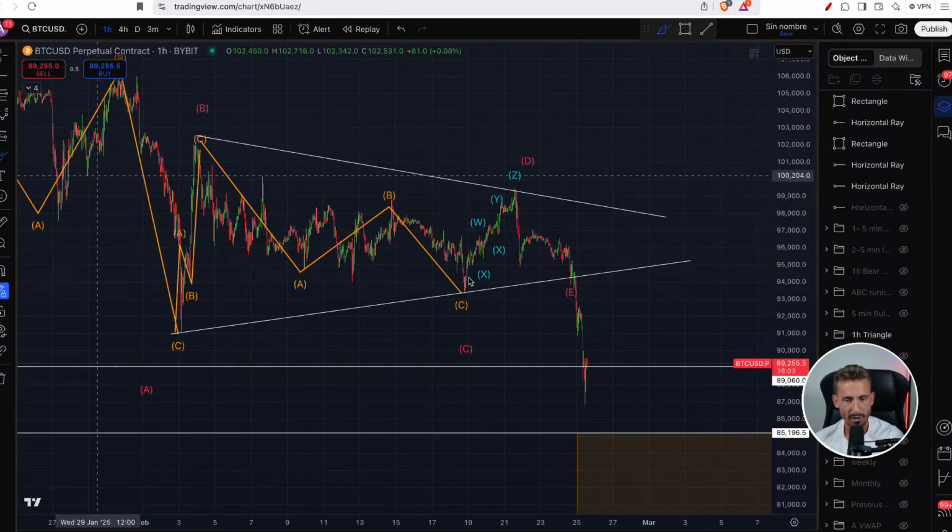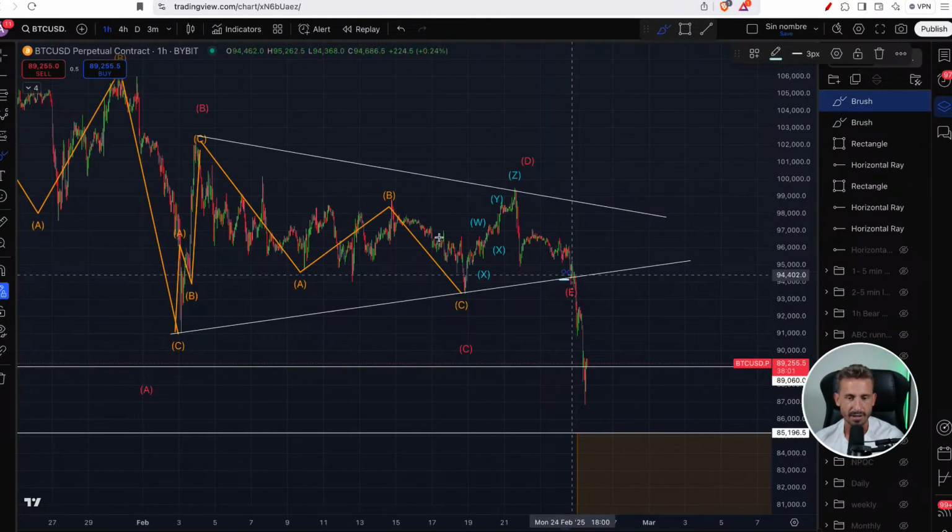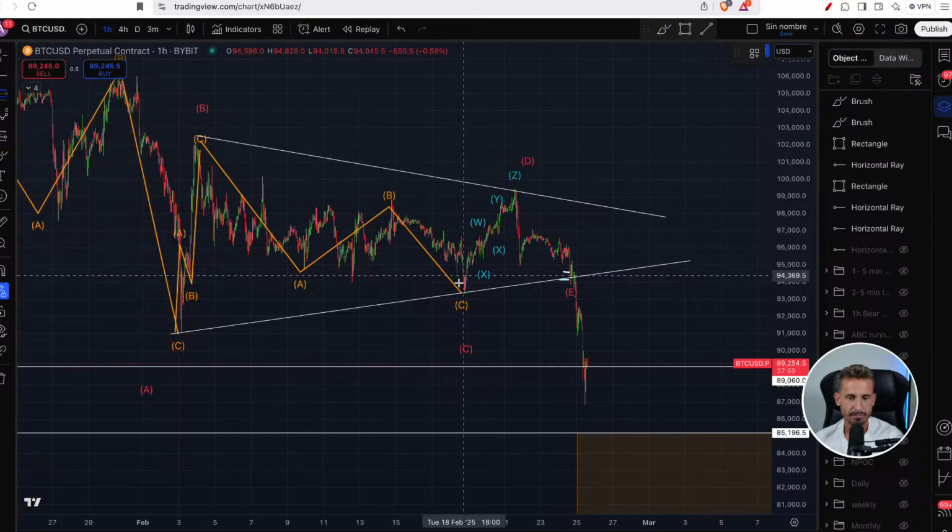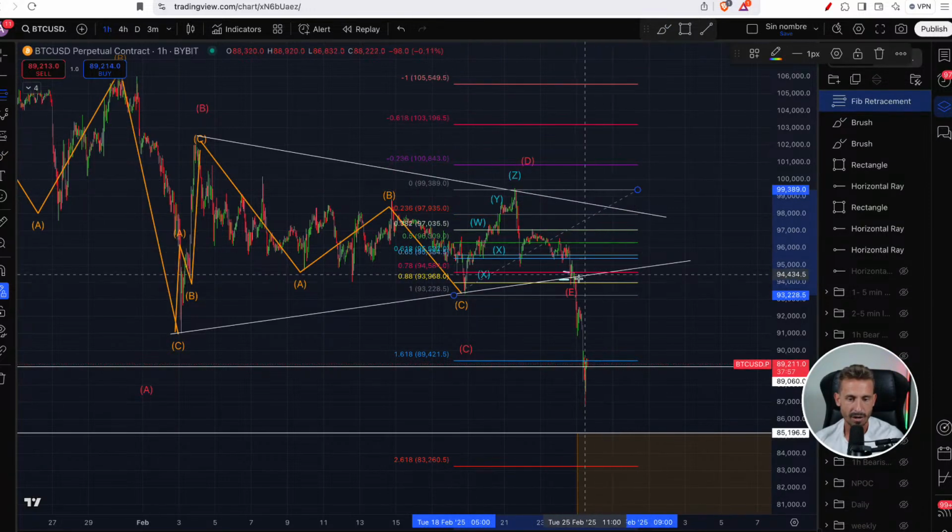I was looking at the 0.88 or the 0.78 to get a reaction bounce. I got into the 0.88. We were in the green for about 2 or 3 hours. Had my stop loss beneath the low. I went to bed, his stop loss was there, and got stopped out on the situation.